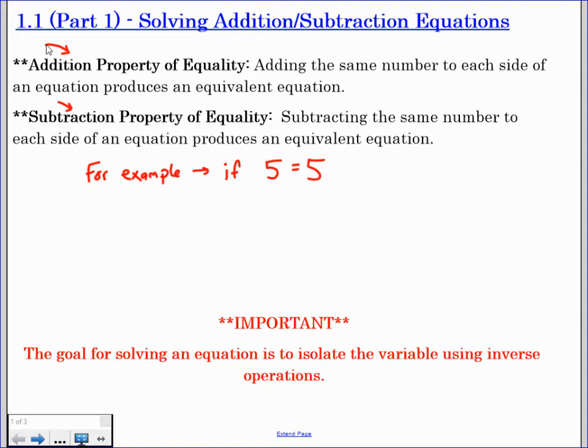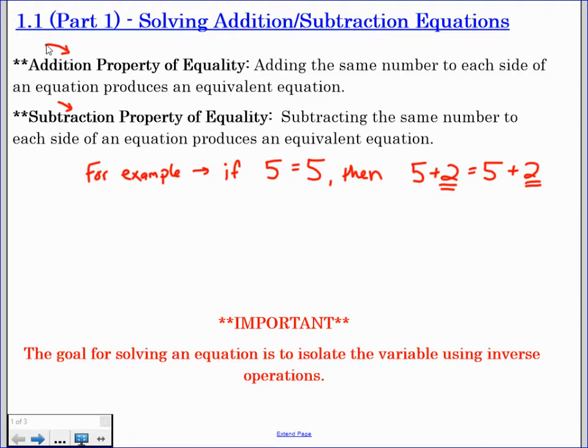If 5 equals 5, the addition and subtraction property of equality says that if I add the same number to each side of the equation, let's say I add 2 to both sides of the equation, I still have a true equation. Adding this 2 to both sides doesn't change the value of the equation at all. It still gives me a true statement.